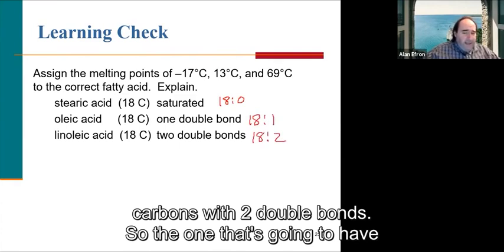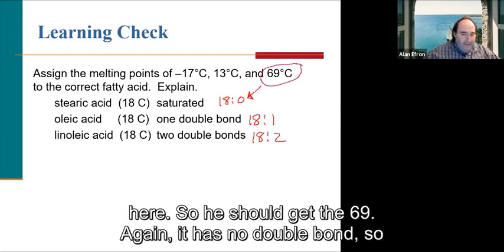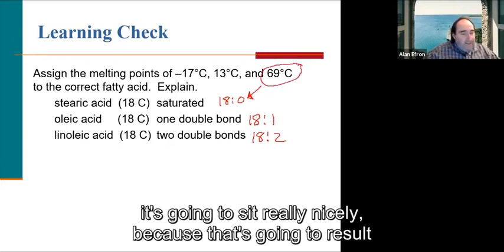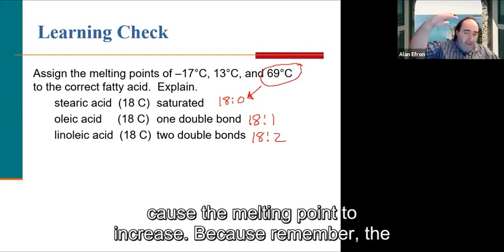The one that's going to have the highest melting point and be the solid should be this guy here. So he should get the 69. He has no double bond, so he's going to sit really nicely. That's going to result in pretty tight and good interaction, and that's going to cause the melting point to increase.